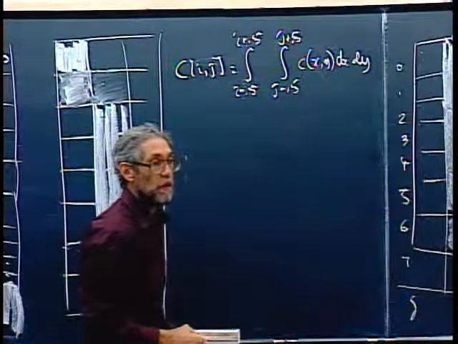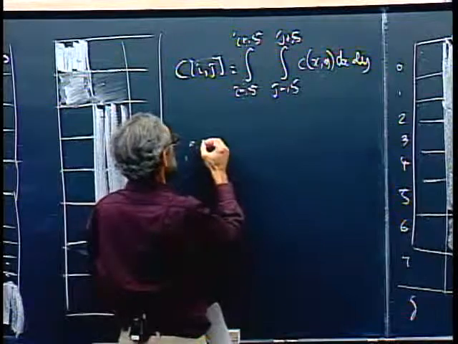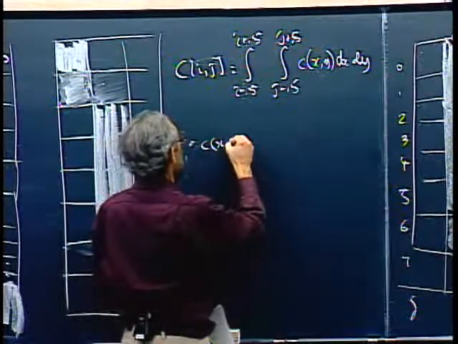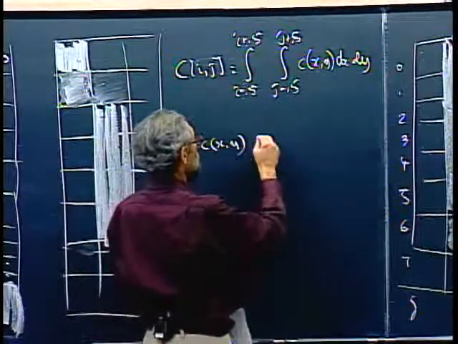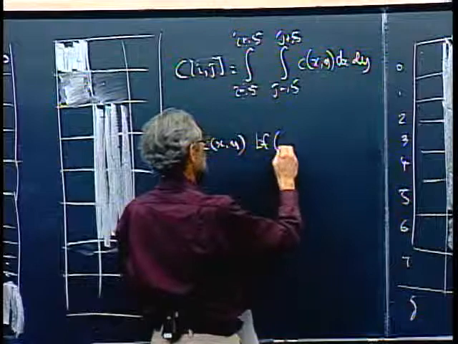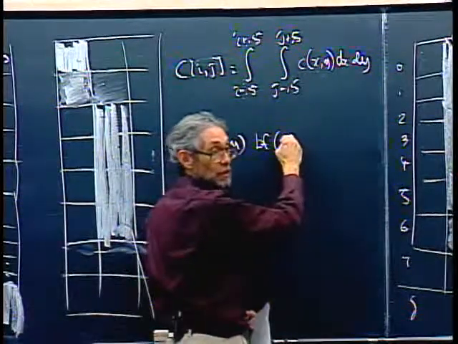And in terms of a filter, that means I can write it as the convolution of c of x, y times this box filter of x minus I, or I minus x. I'm assuming it's similar.